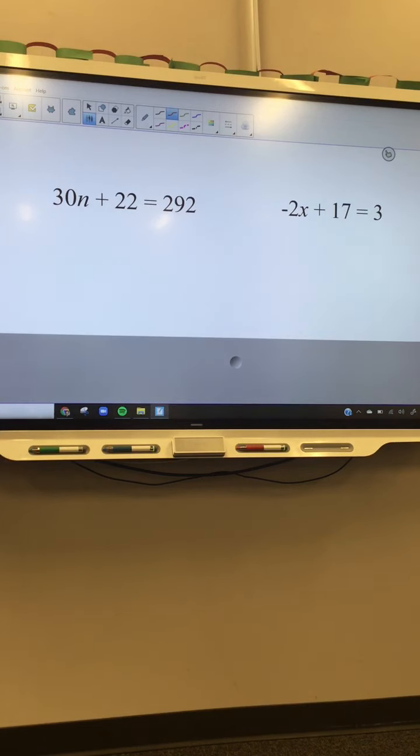Try those two. Stand up when you're done. I need help on the first question.